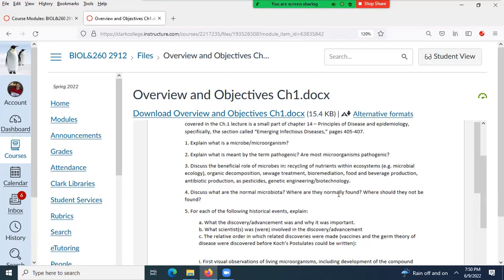So it's found on all external tissues and all of the mucous membranes open to the outside. But the normal microbiota is not normally found internally, such as the heart, the liver, the blood inside the body, and bone, stuff like that.